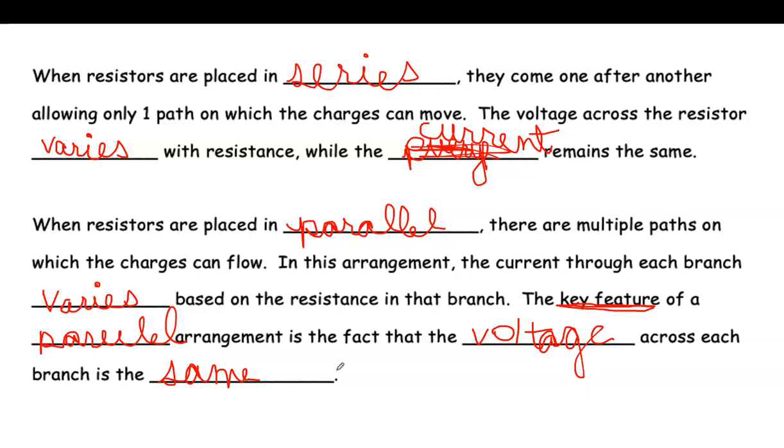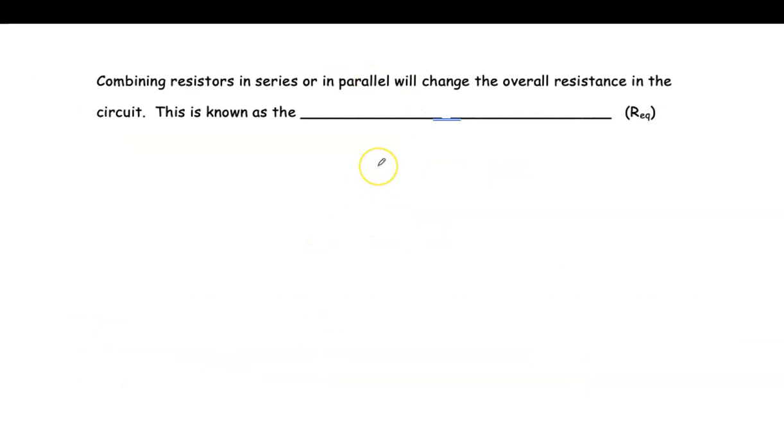stays the same. Now, when you combine resistors either in series or in parallel, you can change the overall or total resistance of the circuit. That total resistance is known as the equivalent resistance.